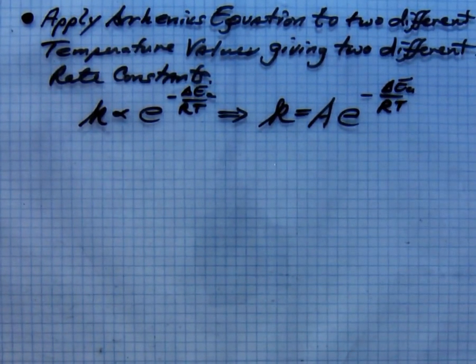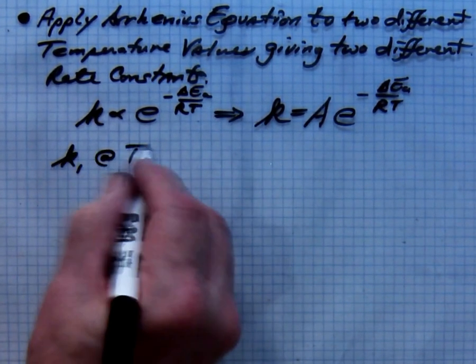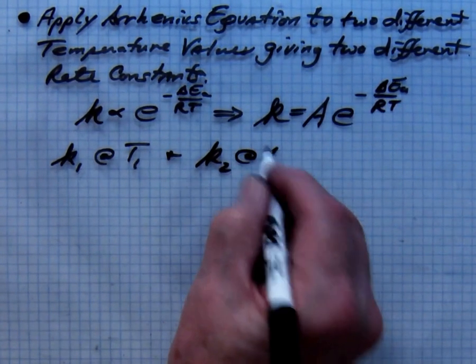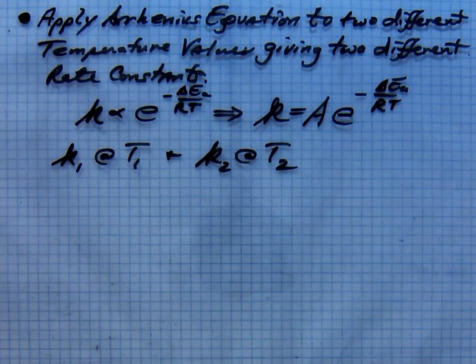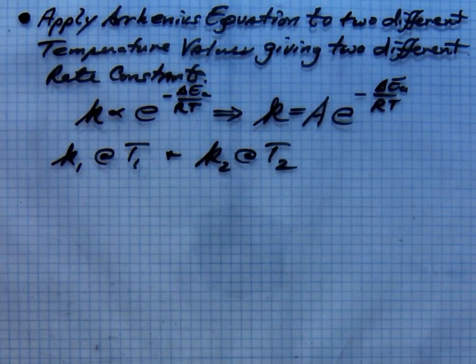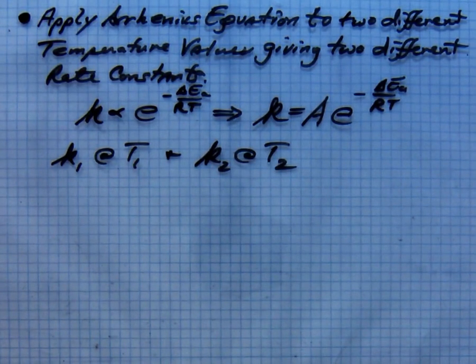Now, the consideration for K1 at T1 and K2 at T2 would allow us to equate the Arrhenius equation to the two conditions and solve a composite equation that would allow us to determine activation energy, rate constant at different temperatures given one set of conditions, and so forth.